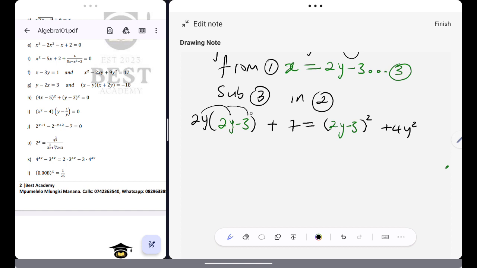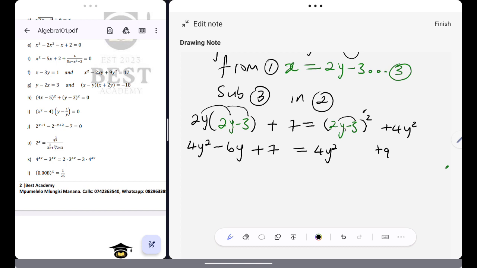This will multiply the 2. So 2y multiplied by 2y will get 4y squared. 2y multiplied by negative 3 is negative 6y, plus 7. To remove this bracket, you must square the first term. You'll get 4y squared. And then square the last term. You'll get a positive 9. And then to find the middle term, you multiply the 2 and then multiply the product with the exponent.